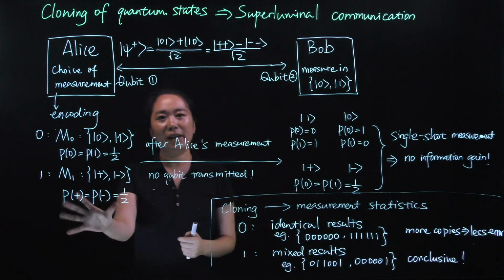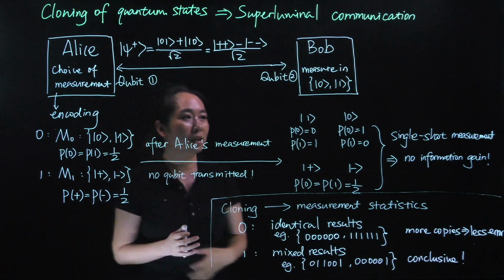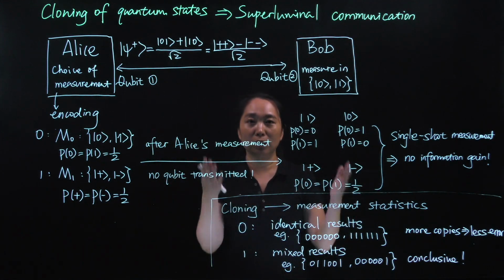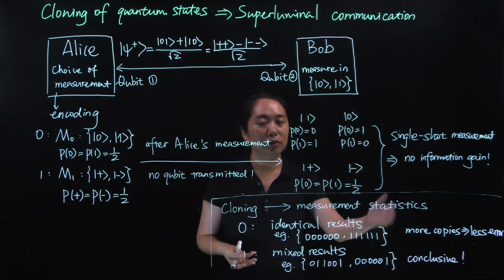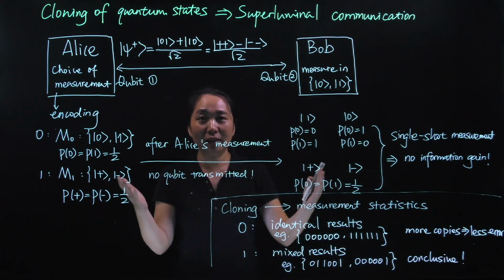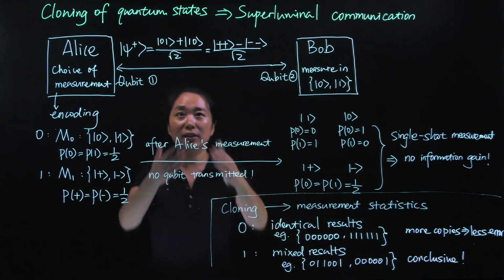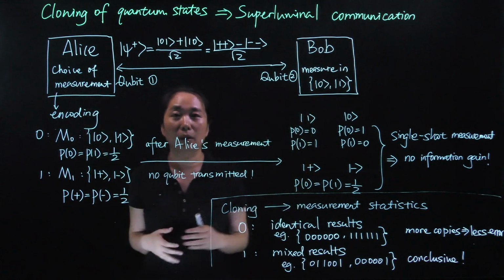And it might take some time for Alice to do her measurement, some time for Bob to copy. If he has a very powerful machine, he can do this quickly. If not, he might still take some time and then do his measurement. But altogether, the time taken could be much less than the 10 years, which is the time that it would take for a photon to communicate between Alice and Bob.